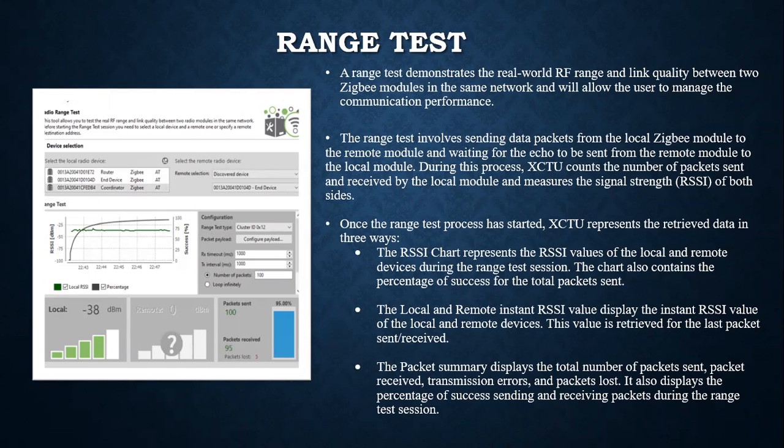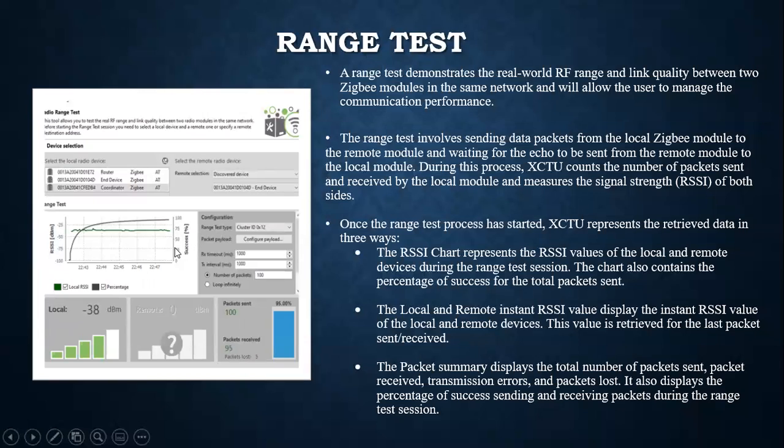As you can see here, the range test process has to retrieve data in three ways. We have this RSSI chart, which represents the values of the local and remote devices for the range test session. This represents the percentage that has been sent successfully to the other Zigbee, and how our local RSSI information is being processed with very little noise or any obstacles in its way.